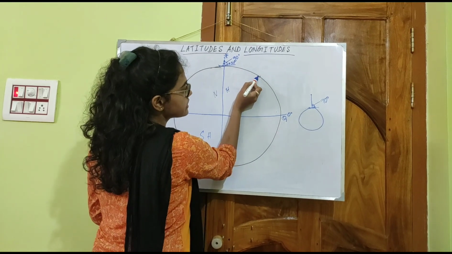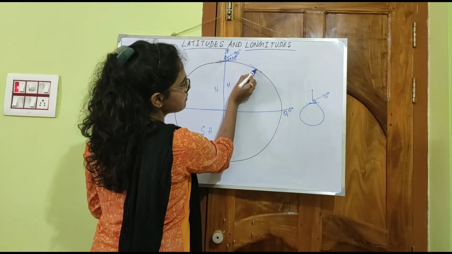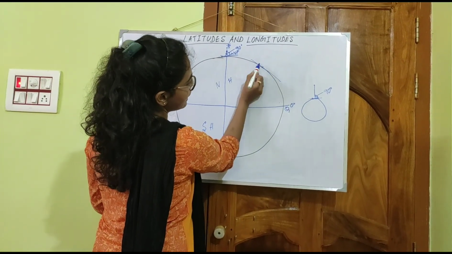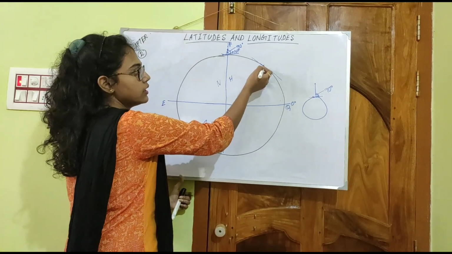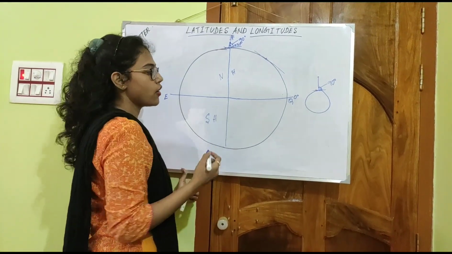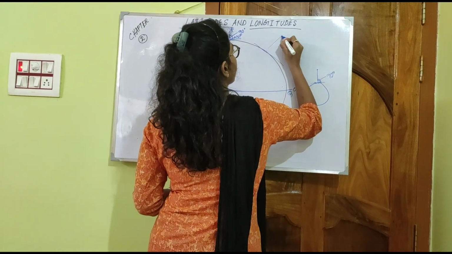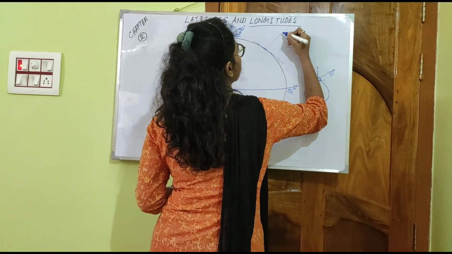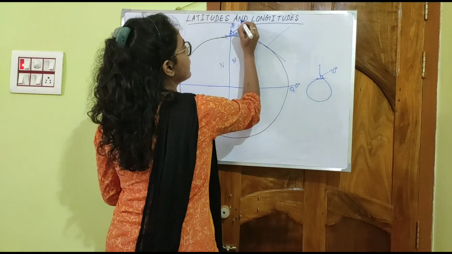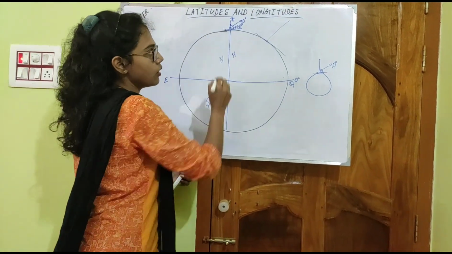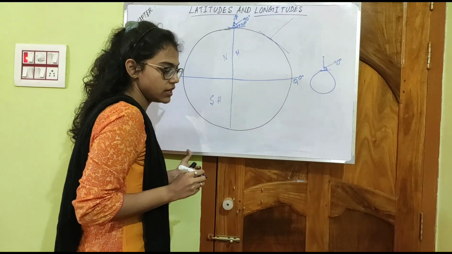So if I take that place, here I am drawing a line, that is the horizon line, the line touching the earth. And here is the pole star.